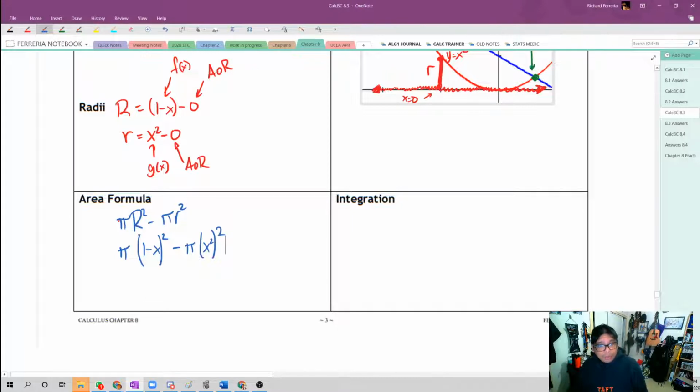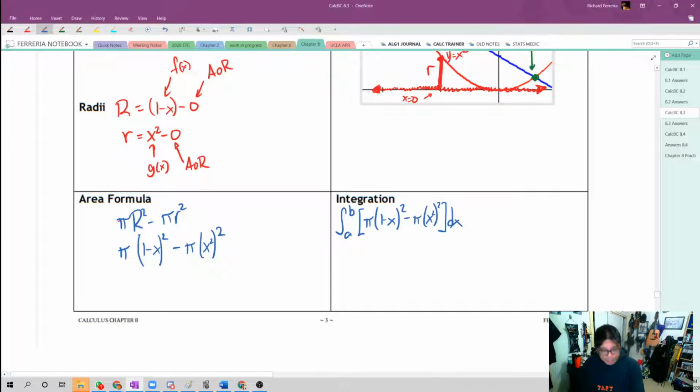And last, we're going to go ahead and go with the integration. That's a ridiculously small box for an integration, don't you think? Let's go ahead and put it together. This is going to be the integral from a to b, which are crazy values, so I'll just write a and b. And then our area formula is pi times (1 minus x) squared minus pi times (x squared) squared dx.